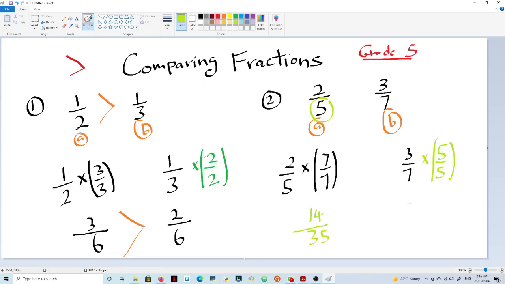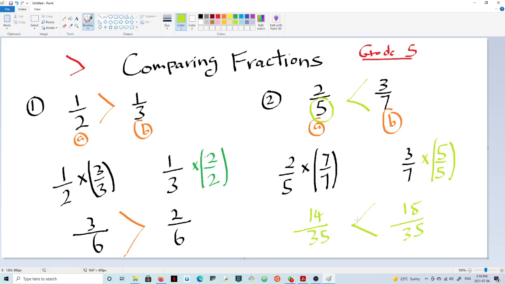And here you have 3 fives 15 over 35. Now you can see clearly that 15 upon 35 is greater than 14 upon 35. So that means 3 upon 7 is greater than 2 upon 5.